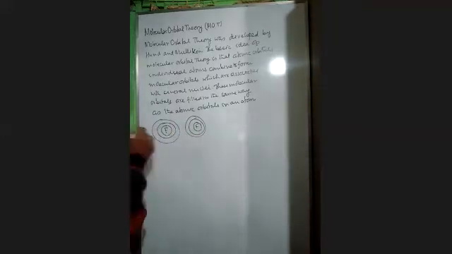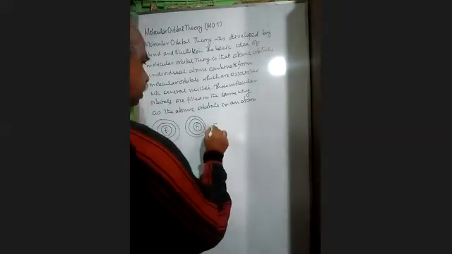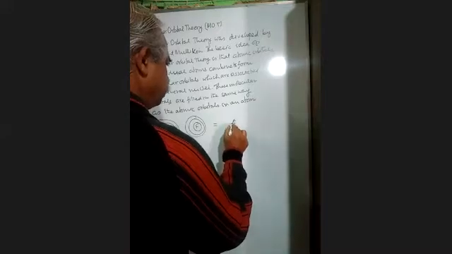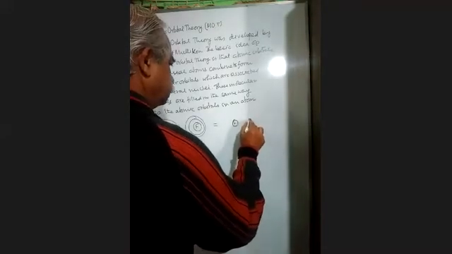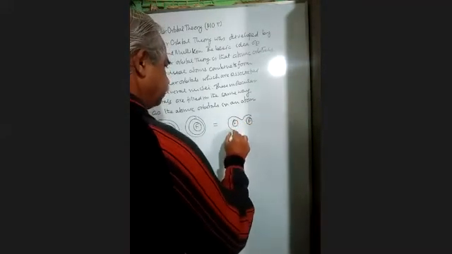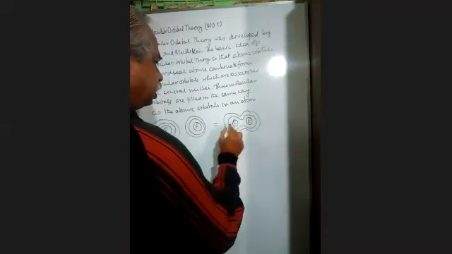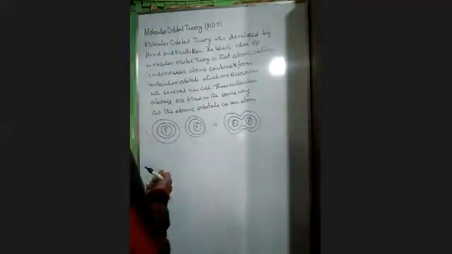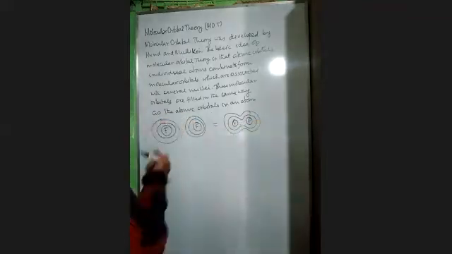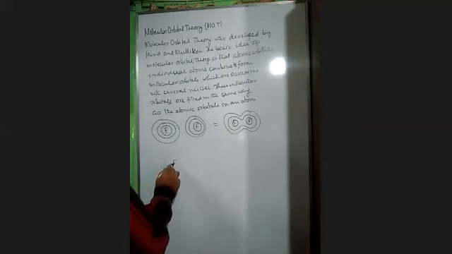So these two orbitals mix. This is the first shell will overlap, and the second shell will overlap. So in this one, you have 2 nuclei, and both the orbitals are moving around both of the 2 nuclei of fluorine.